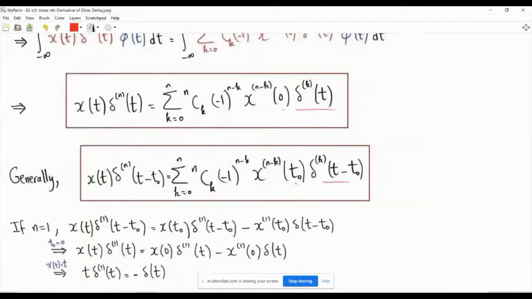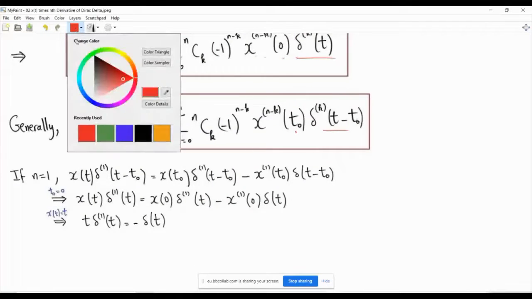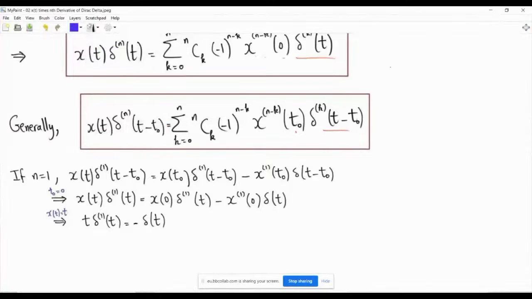Okay, so for this formula, if n is equal to 1, let's say, you have something x of t multiplied by the first derivative of the Dirac delta at t minus t0. So n is equal to 1. According to this formula, we have two terms, right? Because the summation is k from 0 to 1, one with k equals 0 and another with k equals 1. For k equal to 0, this will be 1 choose 0, which is equal to 1.